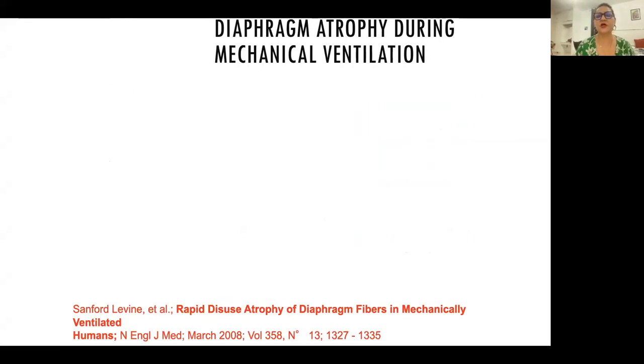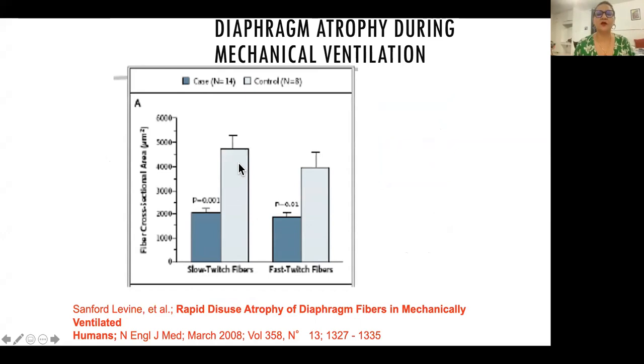So this is important. Another thing seen in the research is that when you mechanically ventilate any baby, there is an atrophy of the diaphragm which starts happening, and it depends on how long you are ventilating these babies. If you see, light blue is the control where no ventilation is being given to the babies, and dark blue is where the baby is on the ventilator.